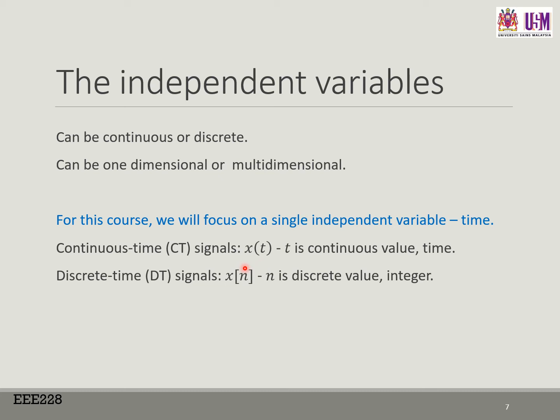So the dependent variable is x, the independent variable is t, continuous value time. For discrete signals, we use the notation small x in square brackets, with n, where n is a discrete integer value. These are the common notations, but not strictly; usually we use t for continuous time, and n is the integer value for discrete time signals.